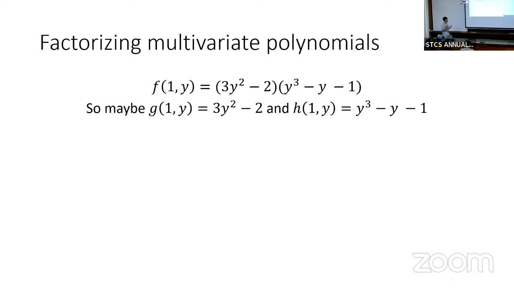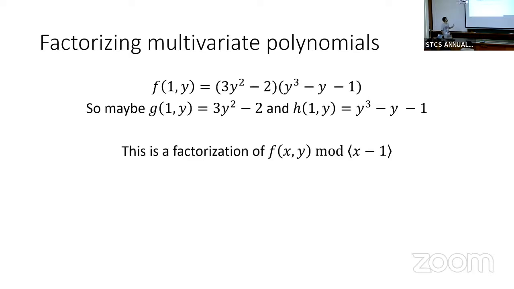I'm making a simplification by saying that maybe one of these factors corresponded exactly to a multivariate factor, and the other corresponded exactly to the rest of the polynomial. In this case it turns out to be true, but this is just a simple case for the ease of analysis. So let's say these are the univariate parts you get from your multivariate factors.